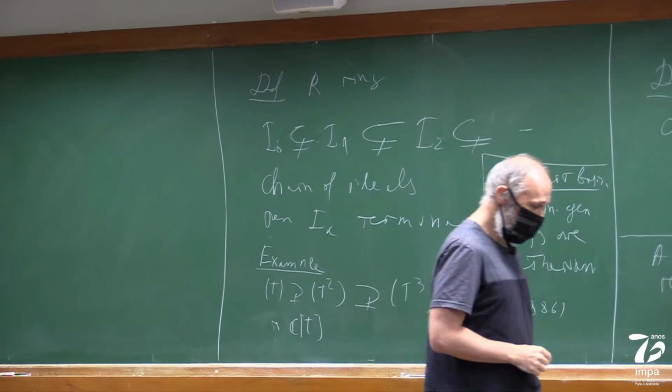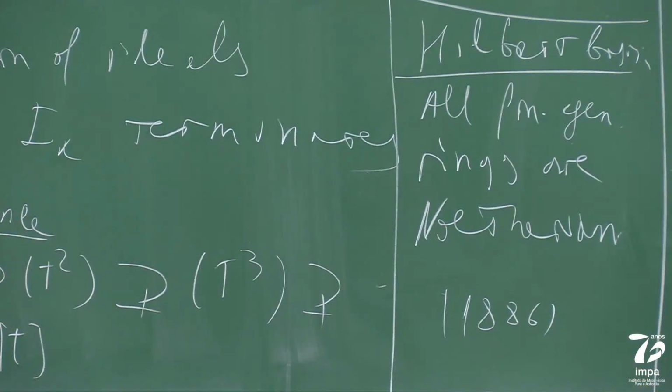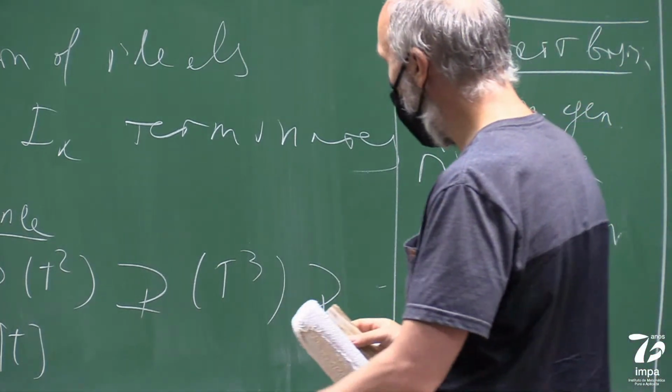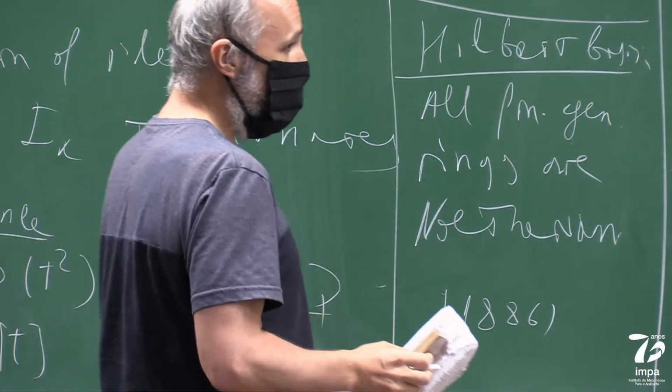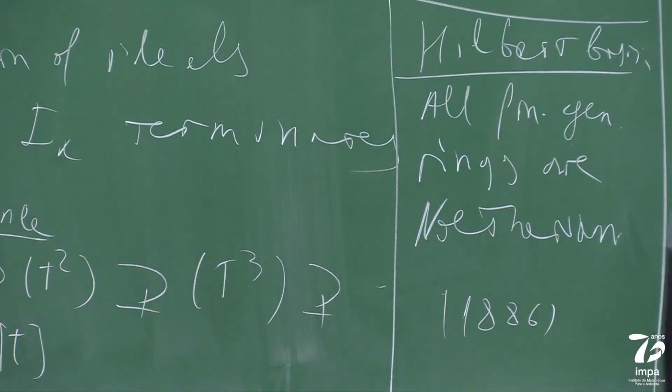So it precedes both Lasker and Noether. But Hilbert did it only for polynomial rings and not for more general rings, and he never realized that this condition makes sense in itself. Okay, I will use this condition to show that irreducible decomposition exists.